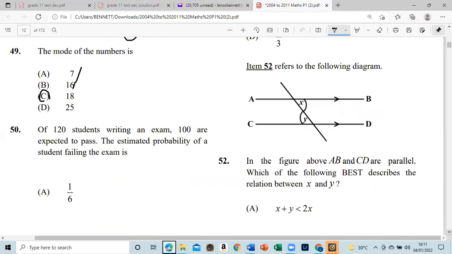Of 120 students writing an exam, 100 are expected to pass. The estimated probability of a student failing is, alright, so if 100 are expected to pass, 20 are expected to fail. So it's 20 out of the total.